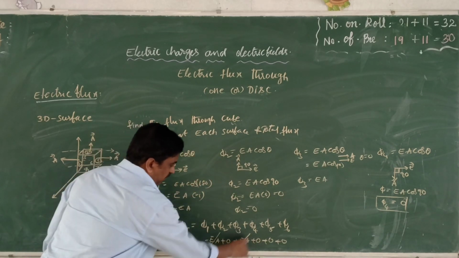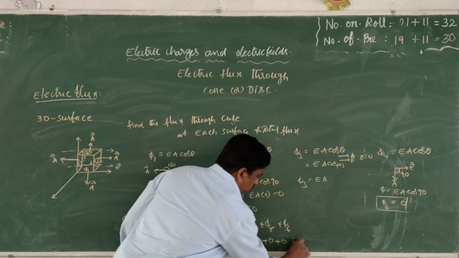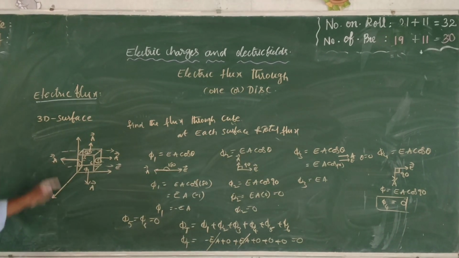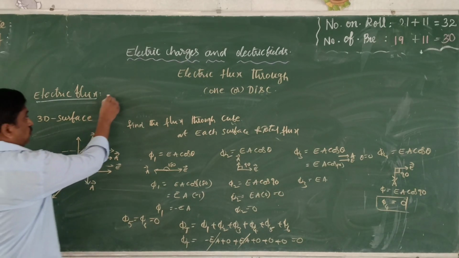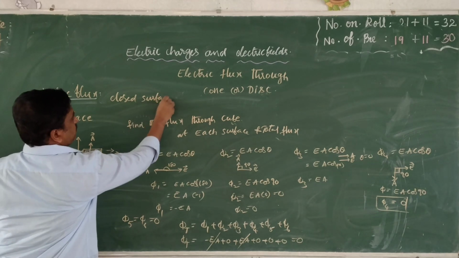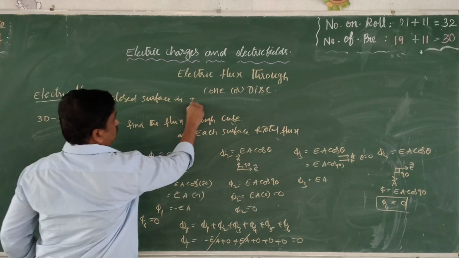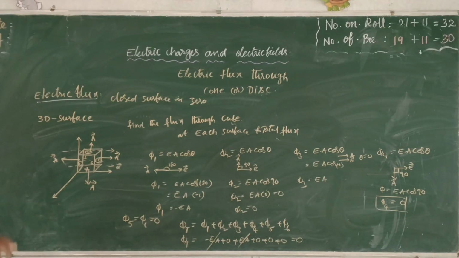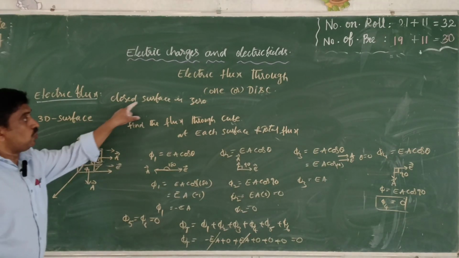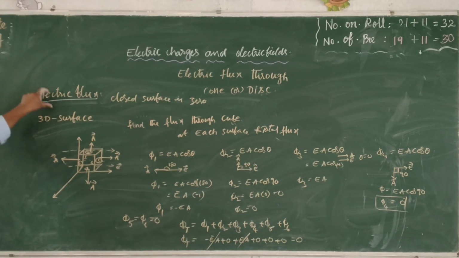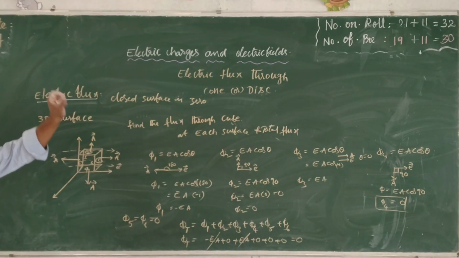So minus EA plus EA is 0. The total flux through the cube is 0, meaning the flux through a closed surface is 0. Any charge is not inside, in that case the flux through a closed surface is 0. Closed surface means 3D surfaces; electric flux through 3D surfaces is always 0.